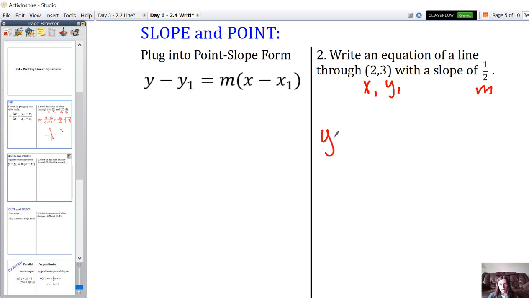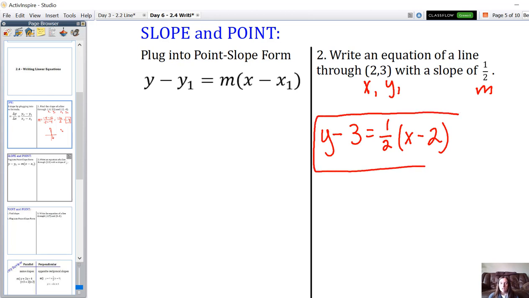So we've got y minus our y1, which is 3, equals the slope. Then we put our parentheses and we put x minus 2. Since we're just putting this in point-slope form, there's nothing we need to move around. If we were looking for it in maybe slope-intercept form or standard form, we would have to move things around. But this one's just point-slope form, so we're done. This one's nice. You're literally just plugging things in.